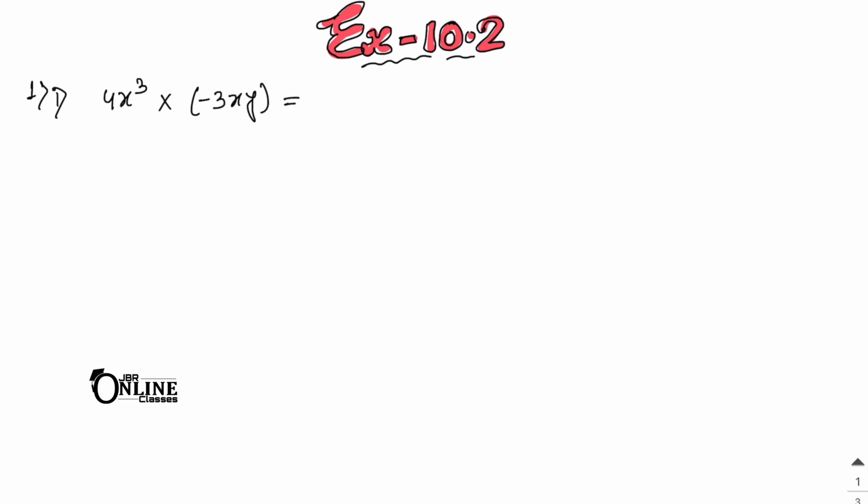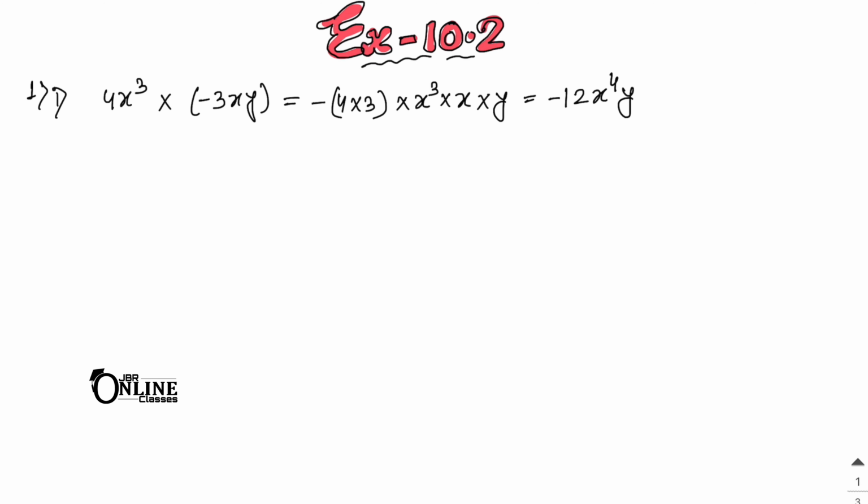As here 4x cube is positive and 3xy is negative, positive into negative becomes negative. Then you have to multiply the numerical terms, that means 4 into 3. After that you have to write down the variables, that is x cube into x and then y. So here minus 12 x to the power 4 y is your answer.